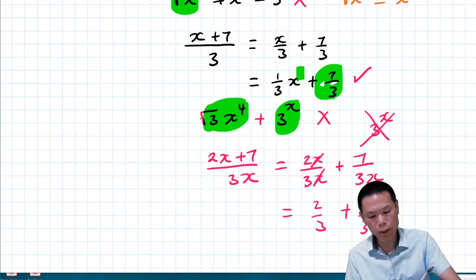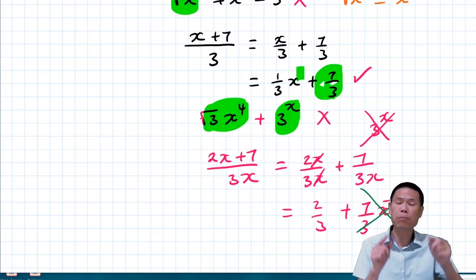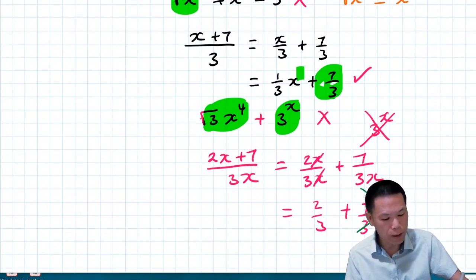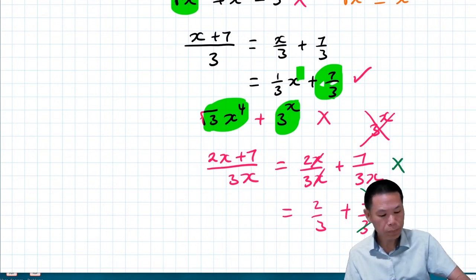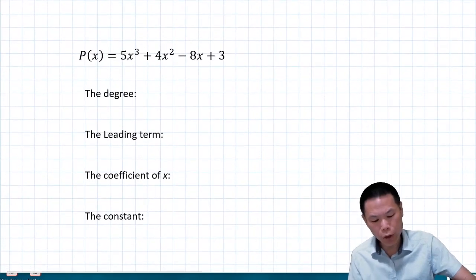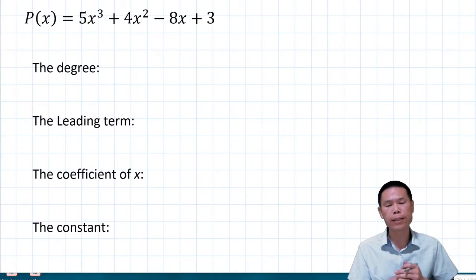See? So this one is not a polynomial because x must be a power of a whole number, okay? Not a negative integer. So therefore, it's not a polynomial. There you go. Now, I want you to give this a go and see if you can understand exactly what I just explained.